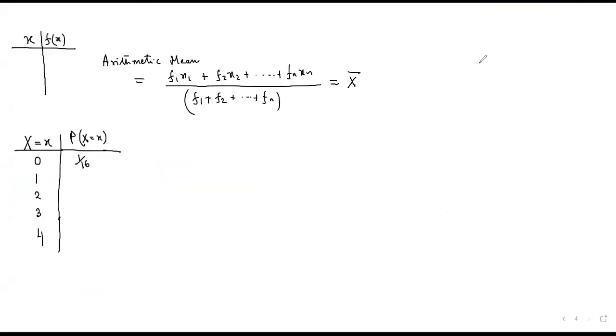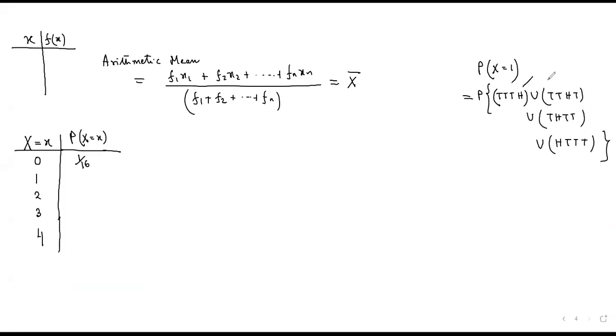So I can say that for x equal to 1, either I am getting TTTH, or TTHT, or THTT, or HTTT. Okay. And these are mutually exclusive.